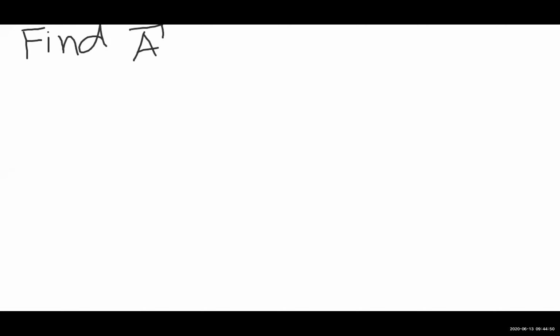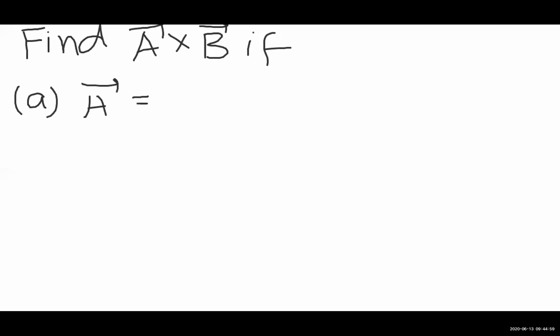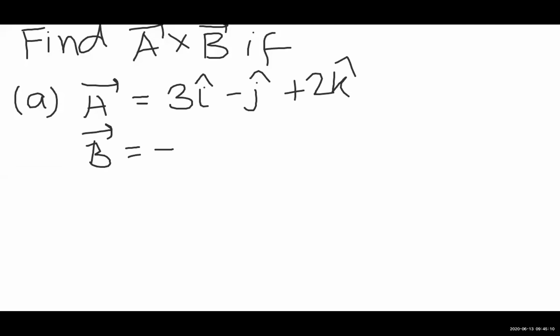Find A cross B if A is equal to 3 i cap minus j cap plus 2 k cap. B is equal to minus 6 i cap plus 2 j cap minus 4 k cap.